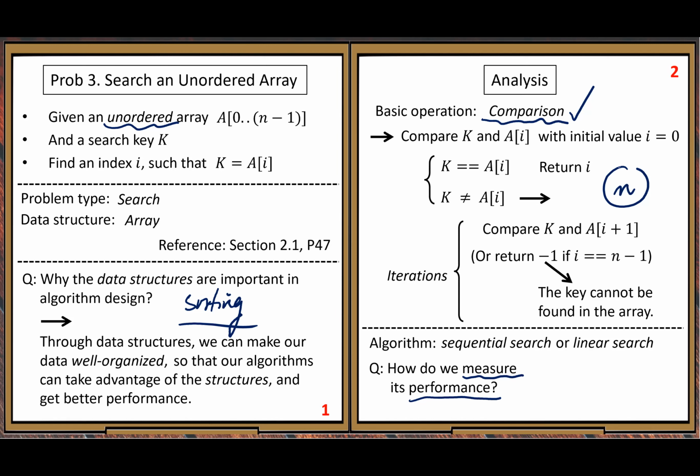Let me give you a little more background on the search operation. Everyone may do search operations every day, right? When you search, you type a keyword in a search engine. That's the search operation.